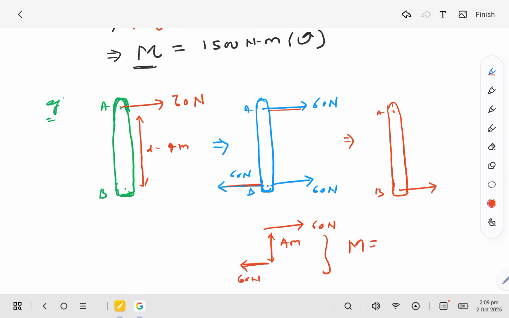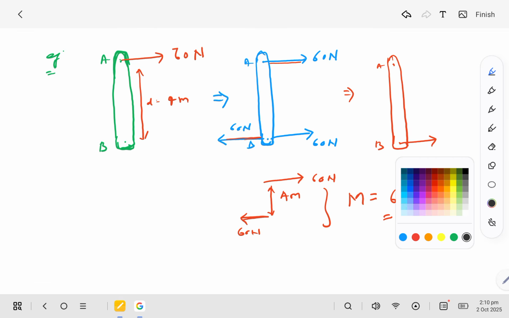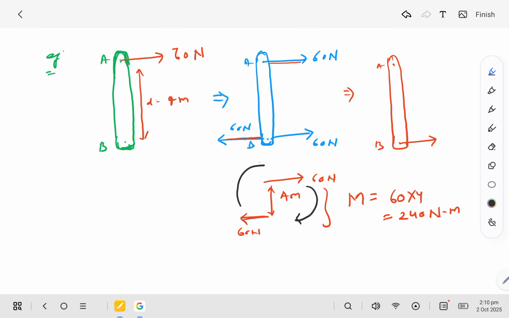So the moment of couple is 60 into 4, so 240 Newton meter. The tendency of this couple is to rotate the body clockwise, so the direction is clockwise. Therefore we can mention the couple here, M equal to 240 Newton meter.